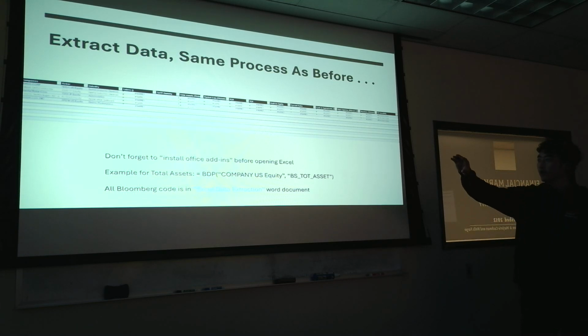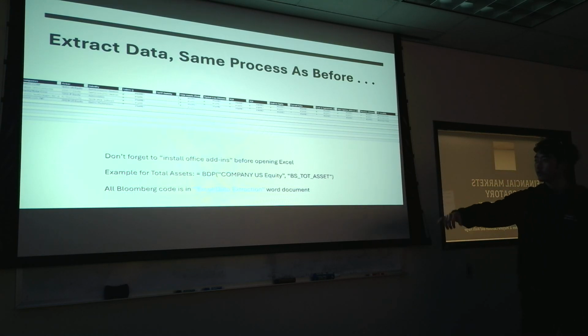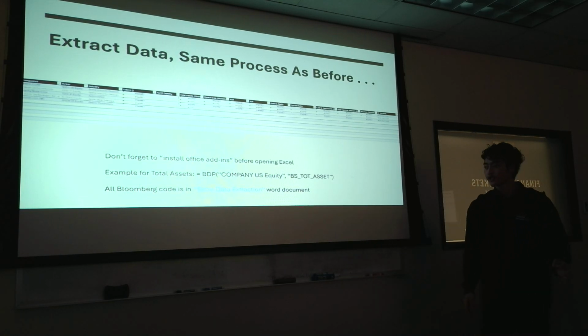Then make a separate spreadsheet and put in all the independent variables, Tobin's Q. Tariff dummy, in this case, for this session, is a 0. Don't forget that. All the code corresponding to the independent variables is in the Excel data extraction Word document. I linked it on the slides, in presentations, if you want access to that.